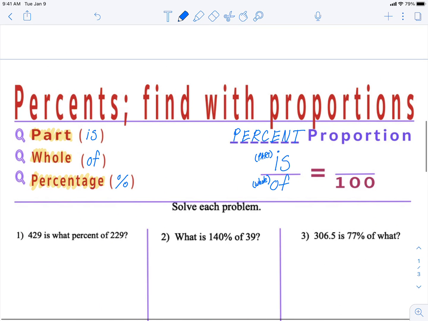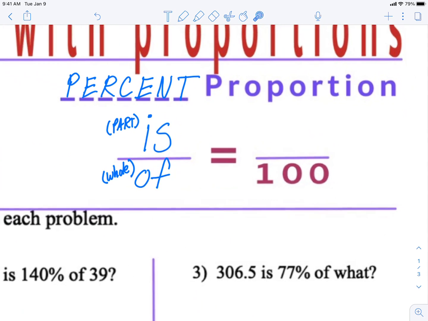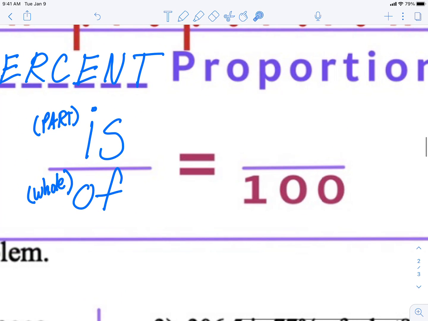So if we have is taken care of, and of taken care of, percent is going to go right here. Percent actually means part of 100. So when you say I got 50%, that means you got 50 out of 100. When you say I got 3%, that means 3 out of 100. So percent goes right there.